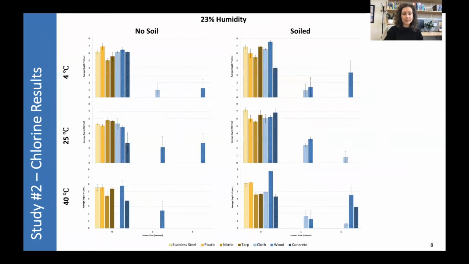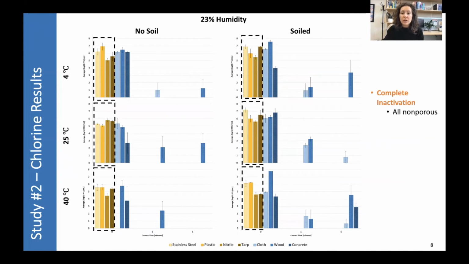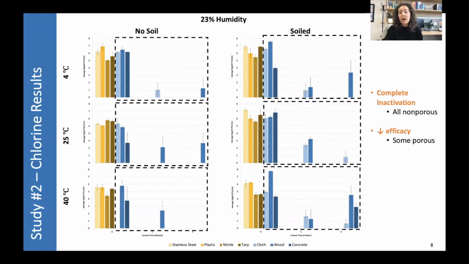Looking at the 23% relative humidity data here, what you'll observe is that we were able to recover Phi6 from almost all of our surfaces after 1 hour of drying. And then after exposing the surfaces to chlorine, we observed complete inactivation after 1 minute of exposure for all non-porous surfaces, but a decreased efficacy on those porous surfaces.